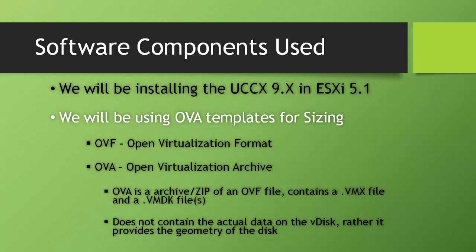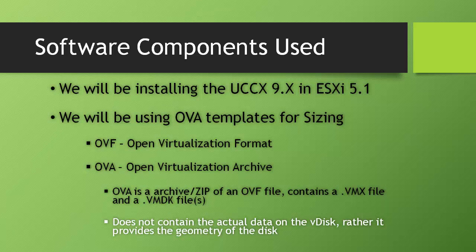Whereas OVA is an open virtualization archive. It's an archive, zip or tarball, of the OVF files, which contain the actual VMX and VMDK files. In the case of Cisco, they are providing OVA templates. Those OVA templates contain the VMX and VMDK files, but the VMDK file, the virtual hard disk, does not contain any data. Rather, it only provides the geometry of the disk.